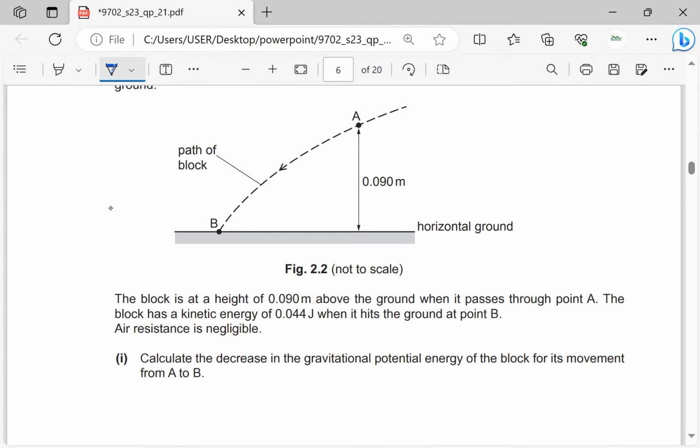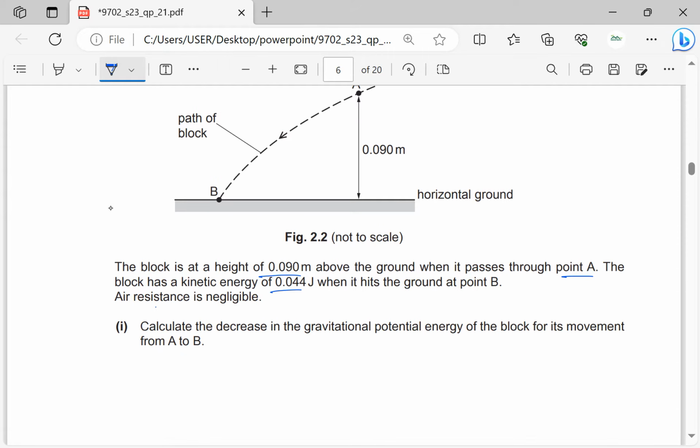The block is at a height of 0.09 meters above the ground when it passes through point A. The block has kinetic energy 0.044 joules when it hits the ground. Air resistance is negligible, that means acceleration is going to be constant and it will be g.